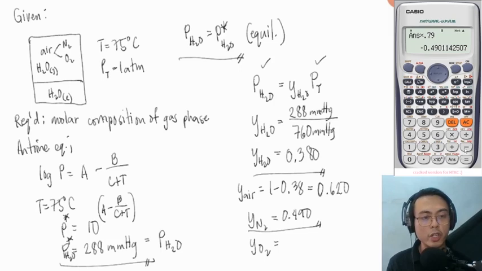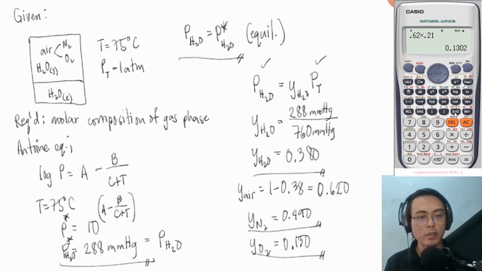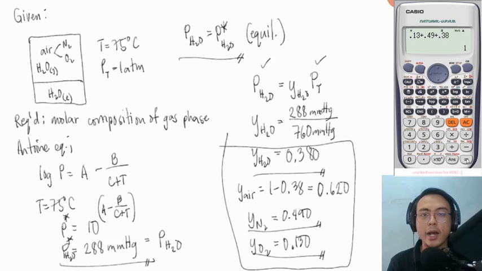And then for oxygen, 0.62 times 0.21, that's 0.13. And if you add 0.13 plus 0.49 plus 0.38, that's 100%. So we have determined the molar composition of the gas phase.